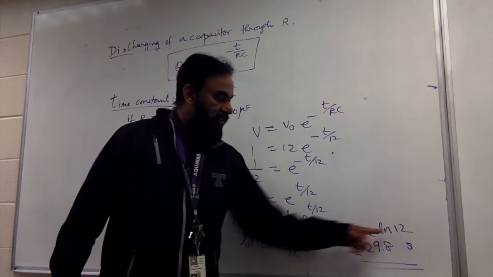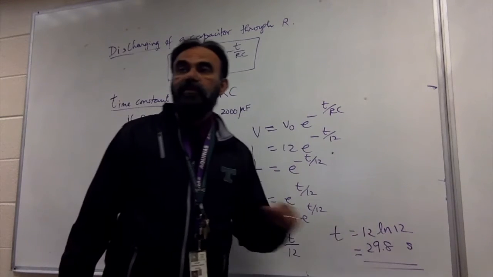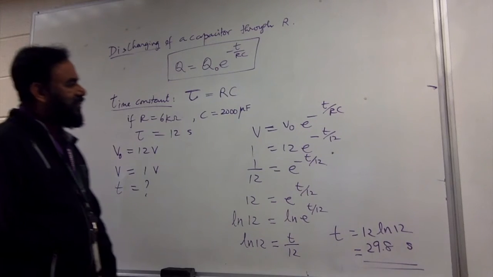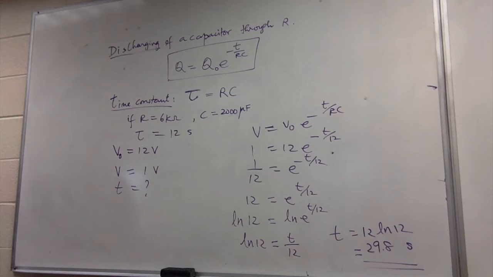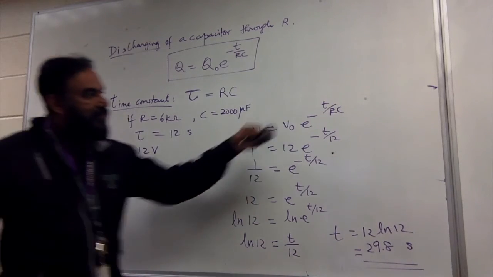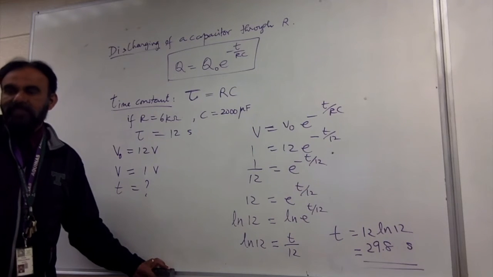Yes, ln 120 times 12, 57. That sounds true. That's possible, because every time it's going down by 63%.